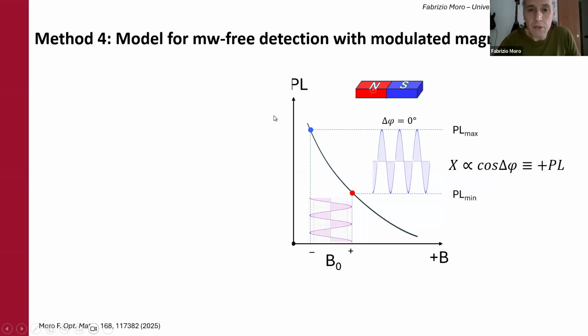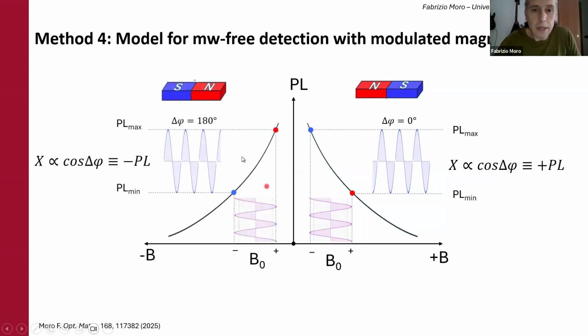On the other hand, if we switch the magnetic field polarity, then the PL signal always keeps decreasing with the magnetic field, independent of the polarity. But now the oscillating field is modulating the PL signal from a low value to a high value, and therefore with the opposite phase compared to the previous case. Therefore now delta phi is 180 degrees. And therefore, from the lock-in amplifier, we get a negative PL signal, the cosine of 180 degrees. So this mechanism explains why you observe positive and negative PL signal for opposite polarity.